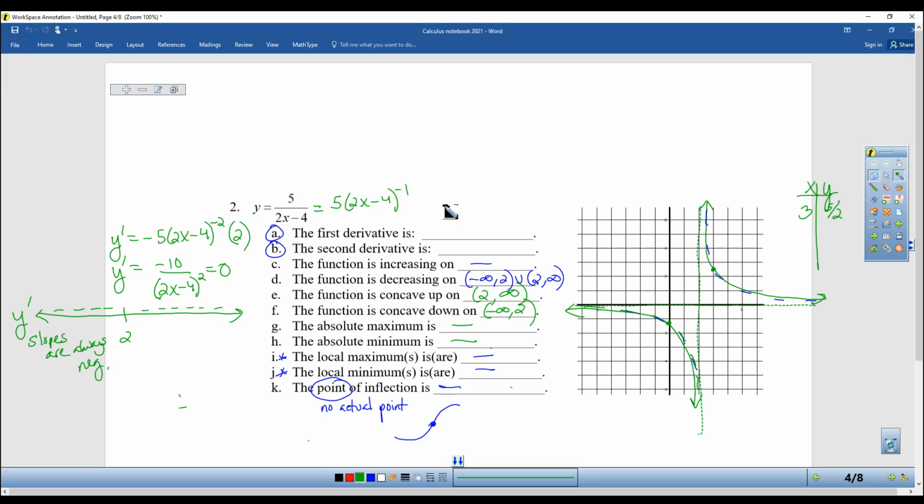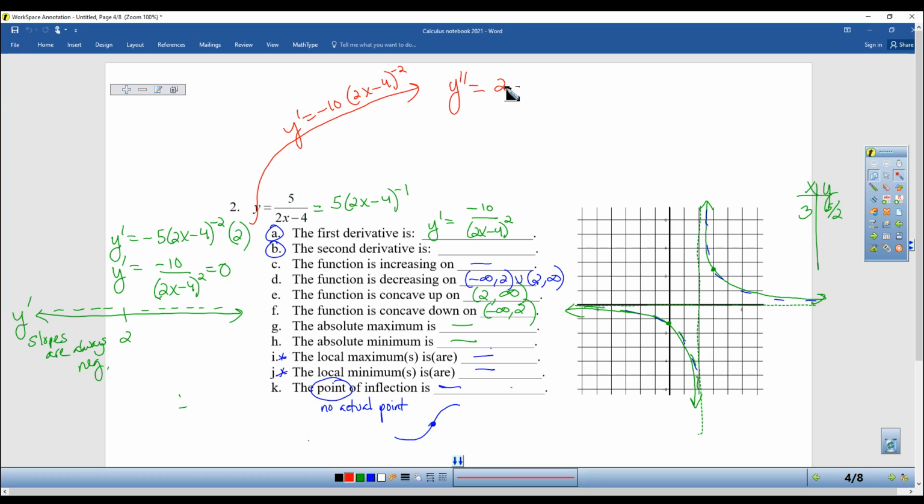So the first derivative is y prime is equal to negative 10 over 2x minus 4 squared. And the second derivative. So y double prime, I'm going to start with this one because it's in a really good form for it. Actually, I'm going to change it so y prime is equal to negative 10 times 2x minus 4 to the negative 2, meaning I'm going to leave it with my negative exponent.